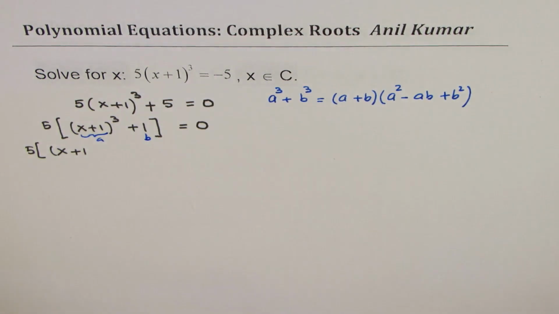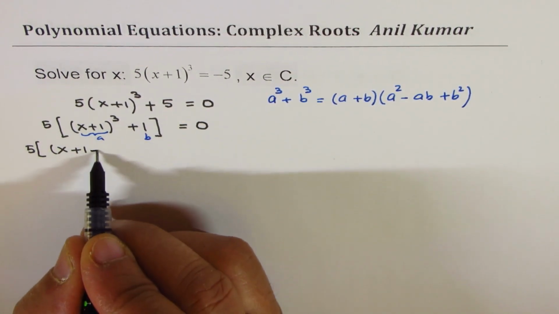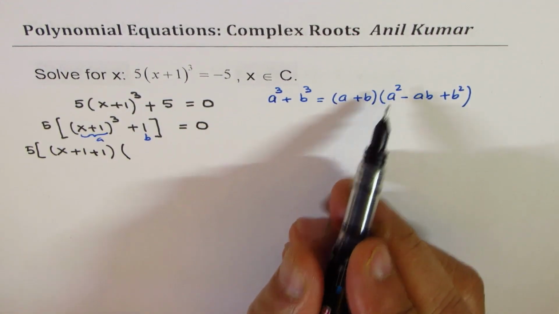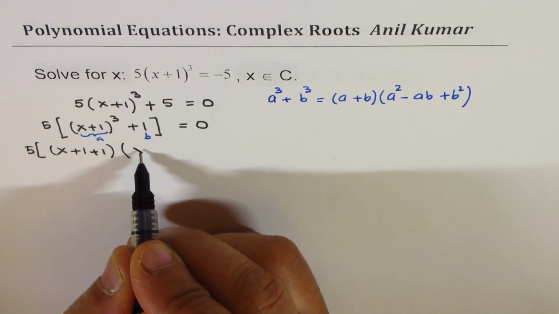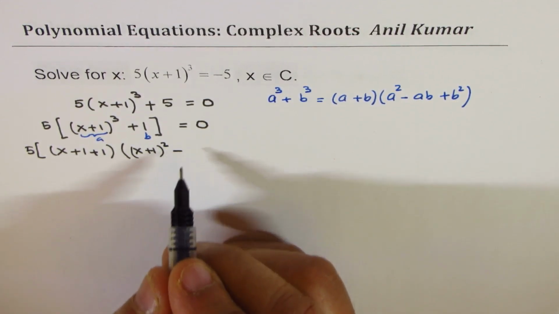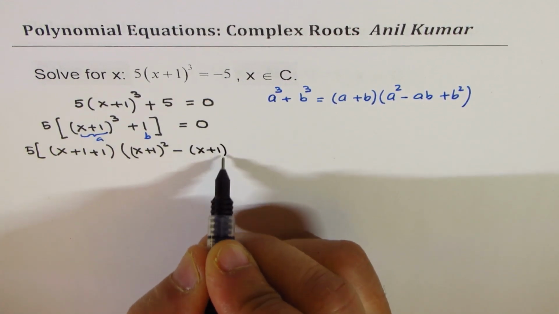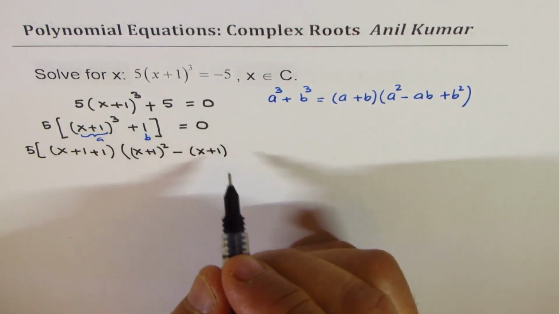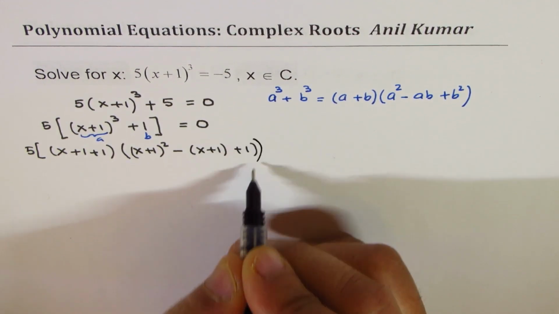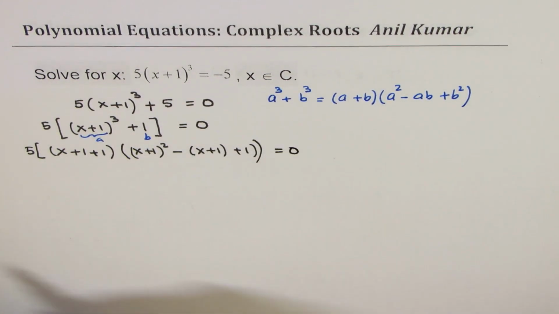So a plus b would be x plus 1 plus 1, that becomes the first term, times a square, which means (x plus 1) whole square, minus ab, which is 1 times that, so minus (x plus 1), plus b square, which means 1 square, so plus 1. That should be equal to 0.